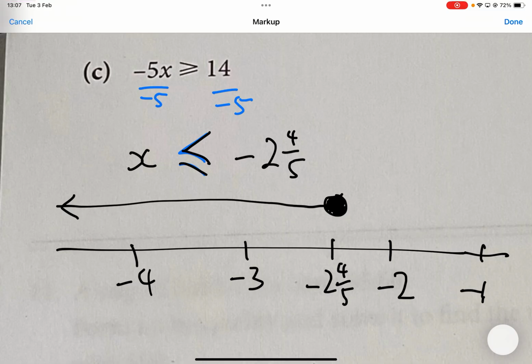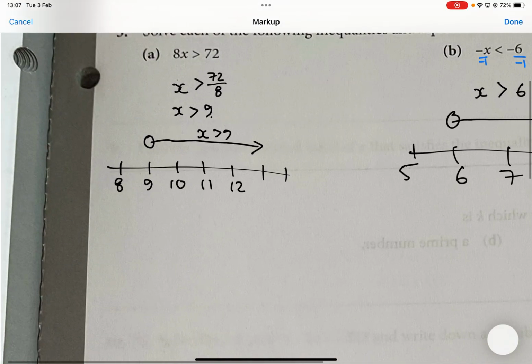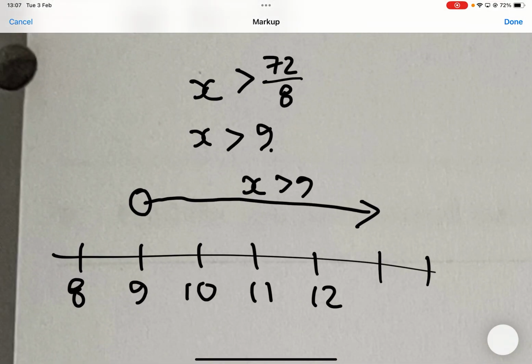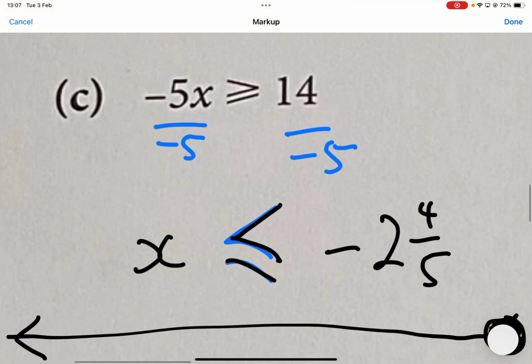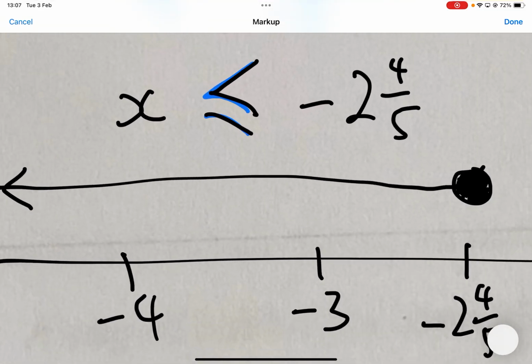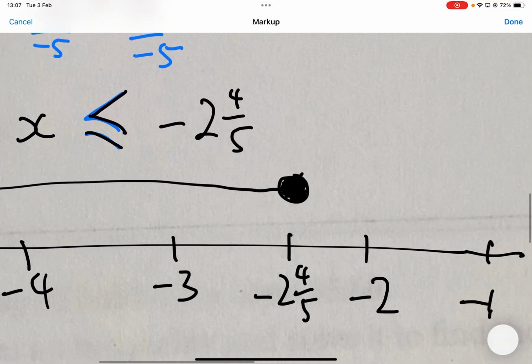Okay? So compared to the last one, x is strictly bigger than. So it cannot have a black dot. It must have a hollow dot. But when my inequality contains an equal sign, that means x can be equal to this, then I must use a solid dot.